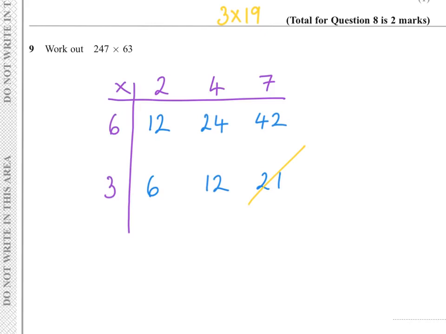And the reason for that is this 21 is made up of a unit, the 3, times the unit in the number 247, i.e. the 7. This number here is made up of a unit times a 10. So this is why it's a value of a 10. This 42 here means 42 tens, and the reason is because we have a 10 multiplied by a unit.